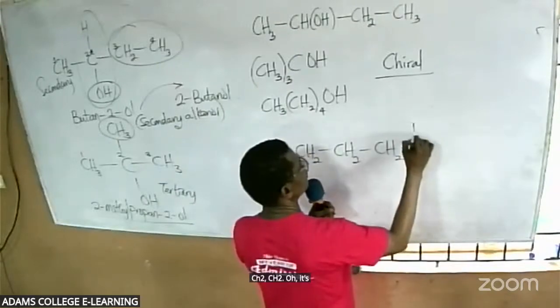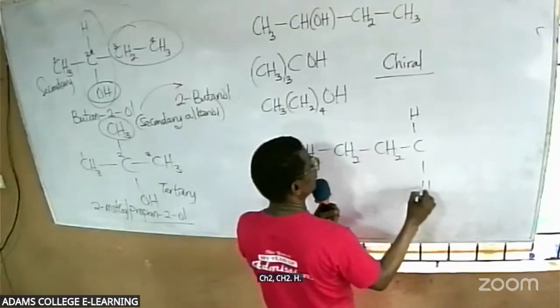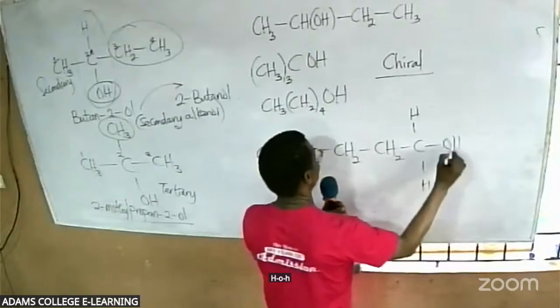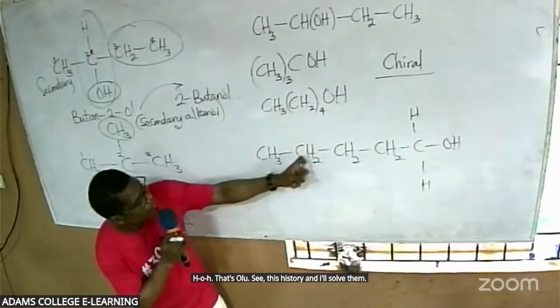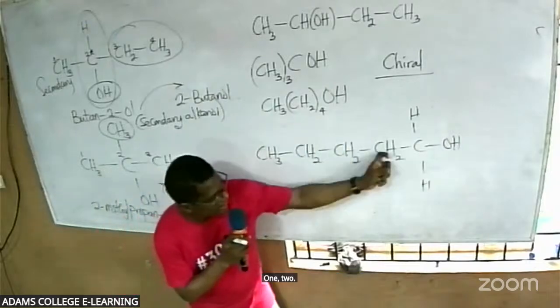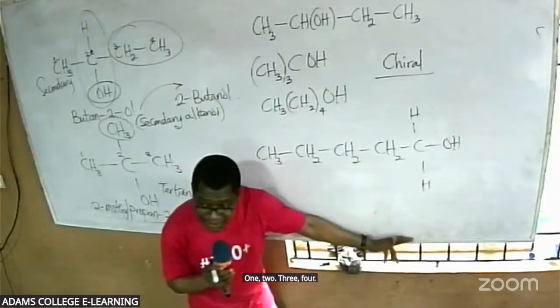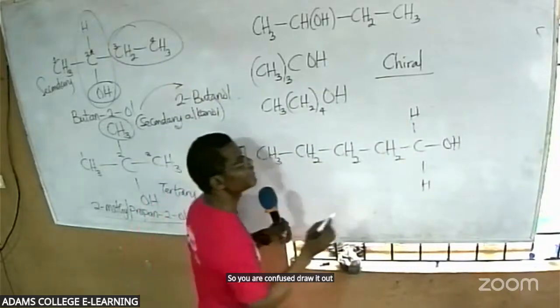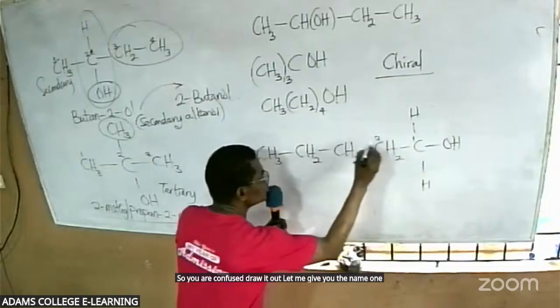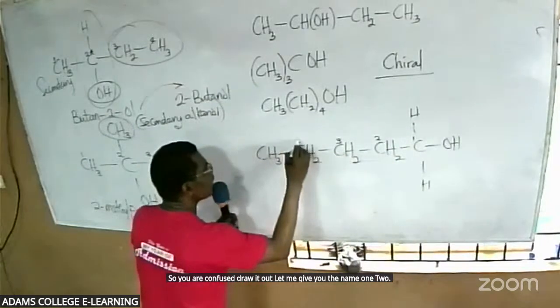People put H, H, OH. That's all. This CH3, then there are four of them: 1, 2, 3, 4. So if you are confused, draw it out. Let me give you the name: 1, 2, 3, 4, 5.